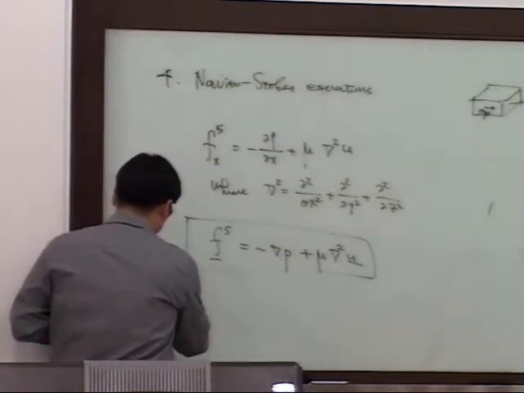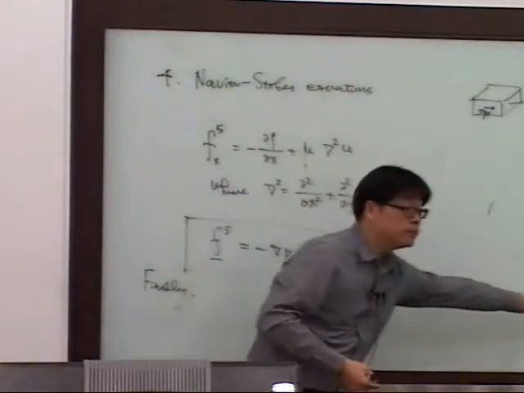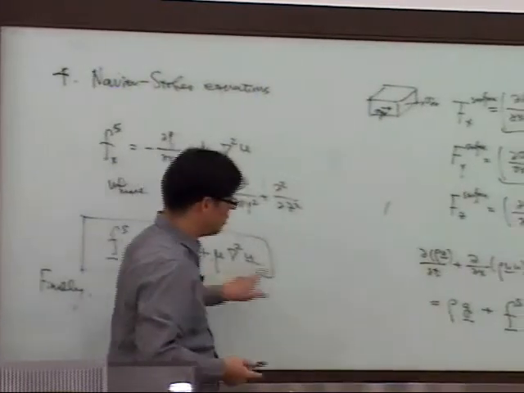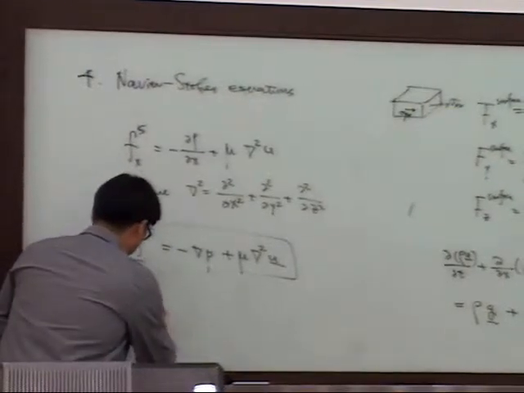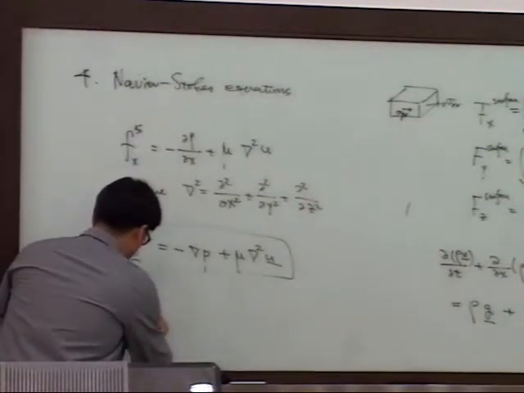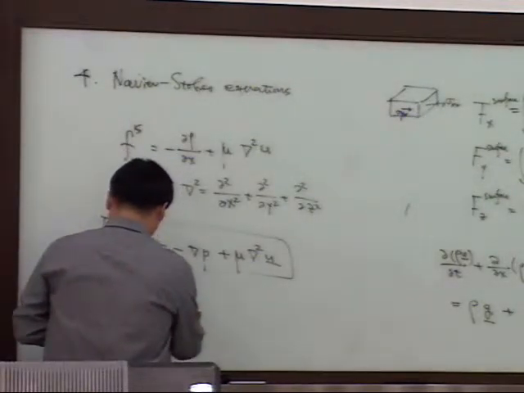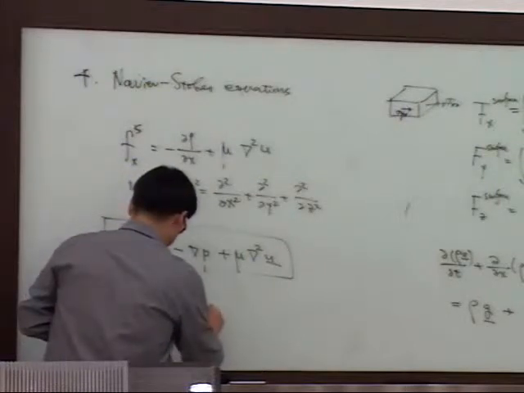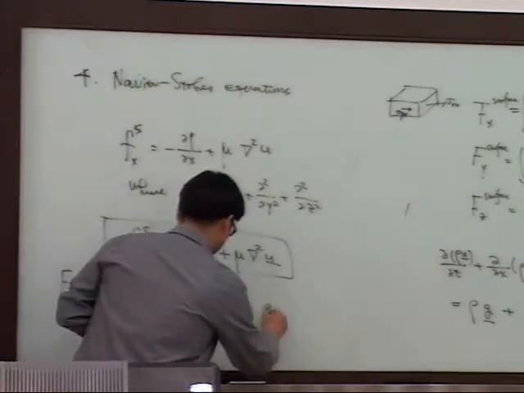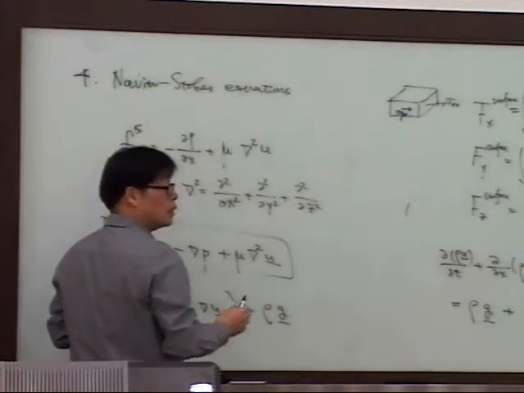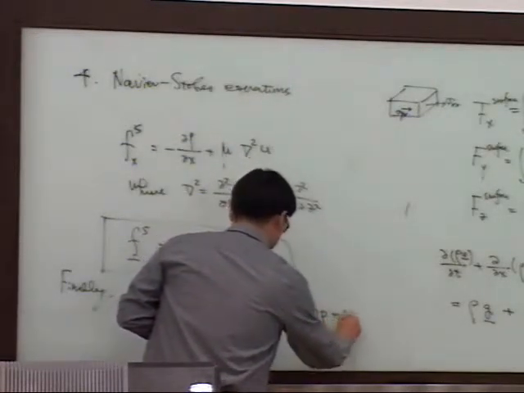So finally, when you plug this into here, and I have to plug in here, and then I rewrite it, and then I end up with the equation with grad p plus mu Laplacian of u.